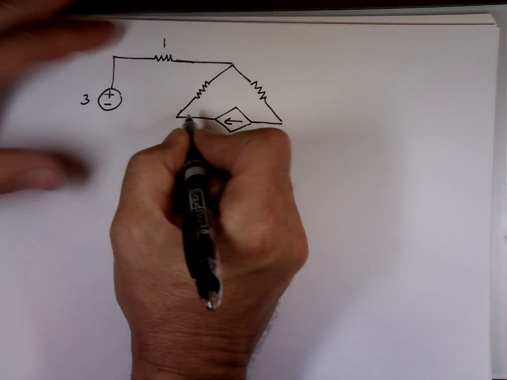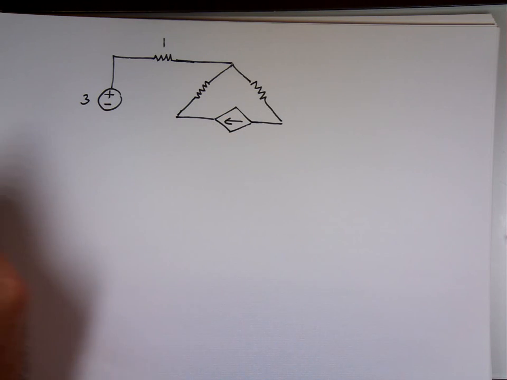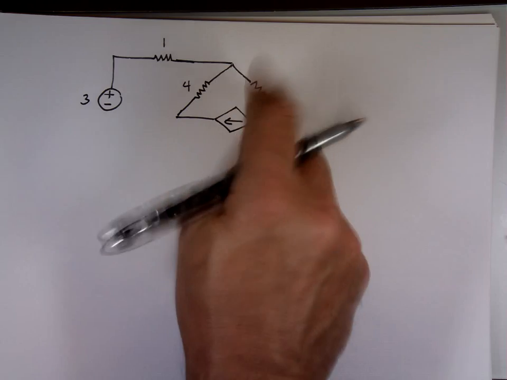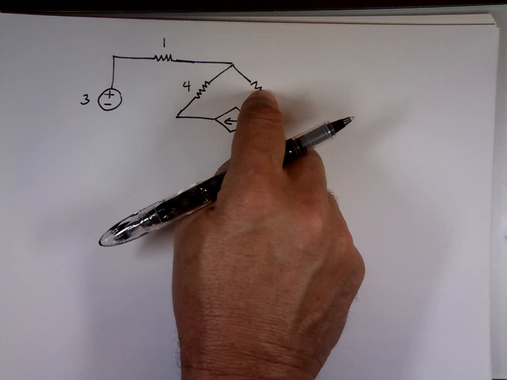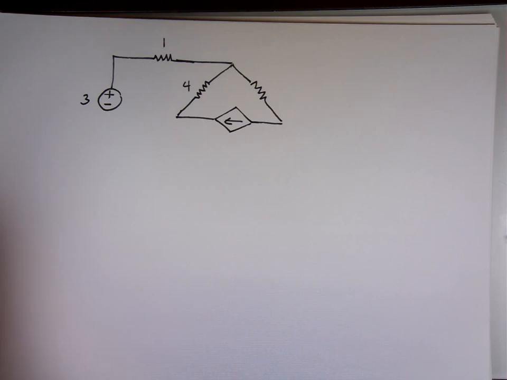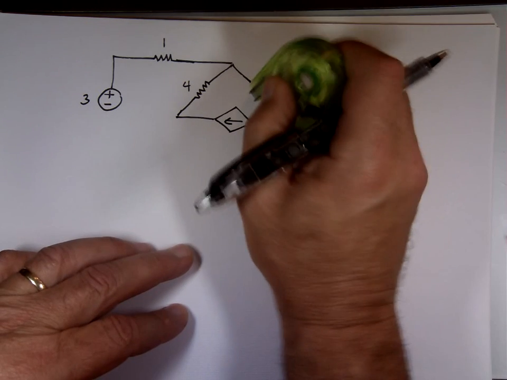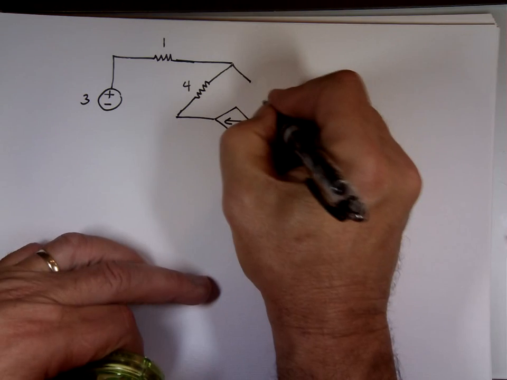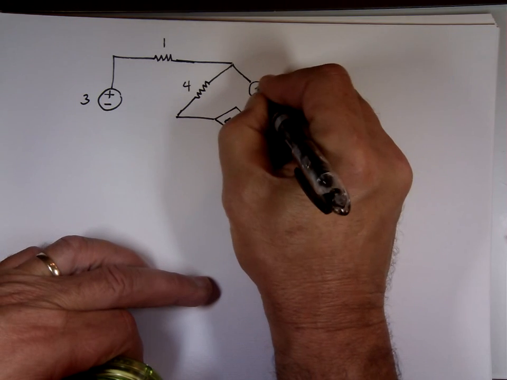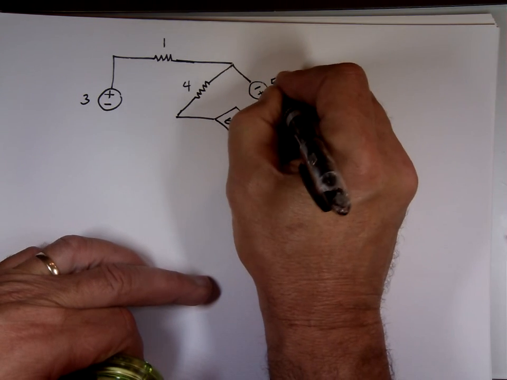That's 4. Oh, my mistake here. That's actually not a resistor. That's a voltage source of 5, minus on the top, plus on the bottom. I'll fix it. I'm just taking the problem from the book there. Minus to plus, different book. I try to mix books all the time.